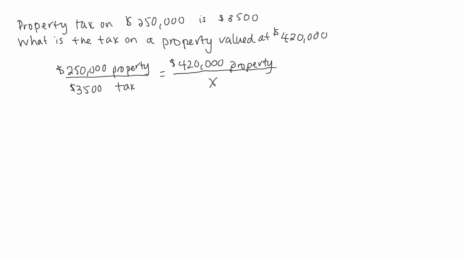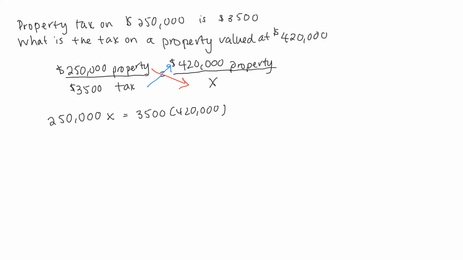We've now set up a proportion. One value's missing. We can solve for this. So we would start by cross multiplying, just like we did in the previous example. So I'm going to get 250,000 times X. And then I'm going to get 3,500 times 420,000. If we keep these numbers exactly as they are, we're definitely going to get some wild zeros here.